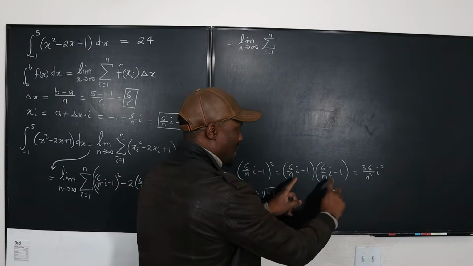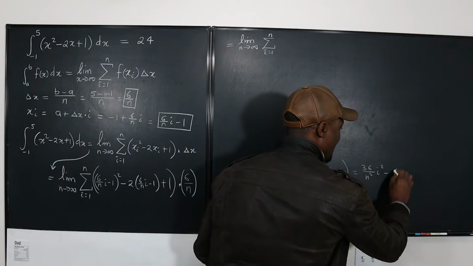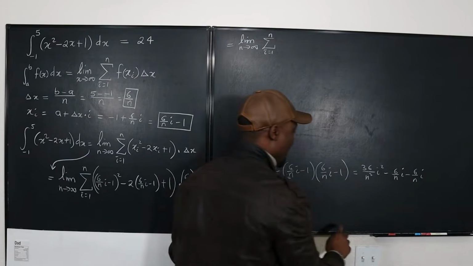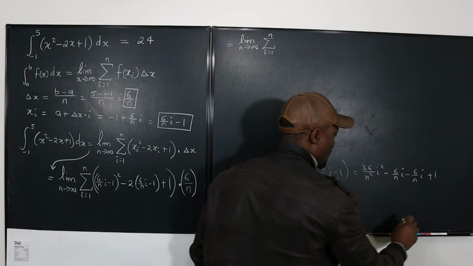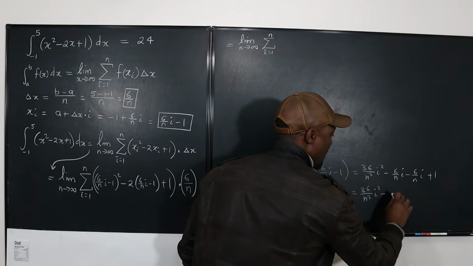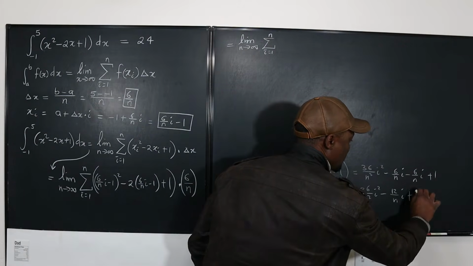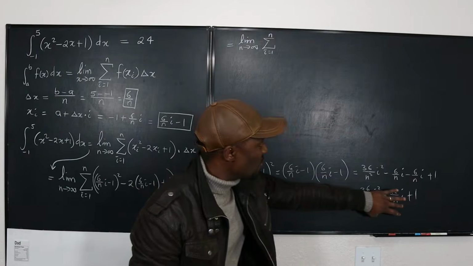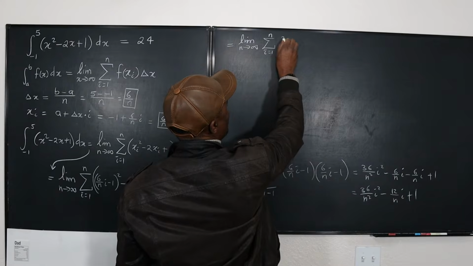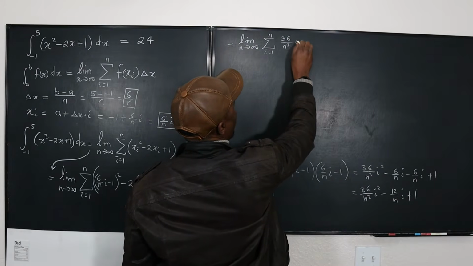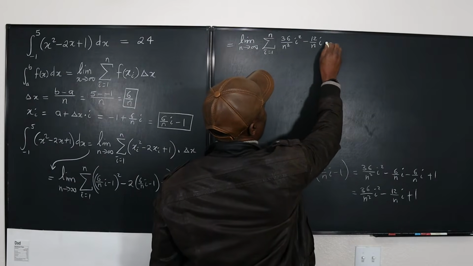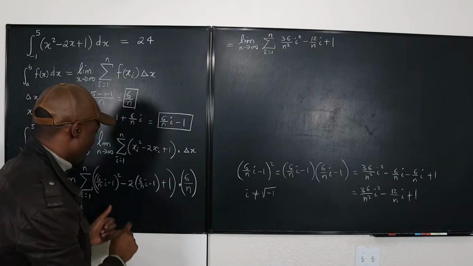Then this times this is minus 6 over n i, this times this gives minus 6 over n i, and this times this gives plus 1. Cleaning this up, it's 36 over n squared i squared minus 12 over n i plus 1. So this is what fits in the first gap. I've taken care of the first one.